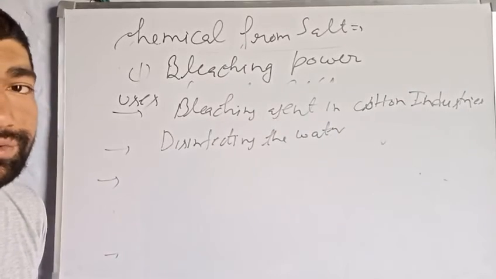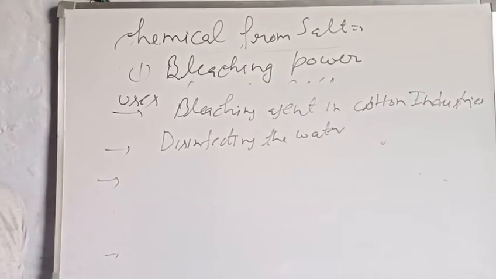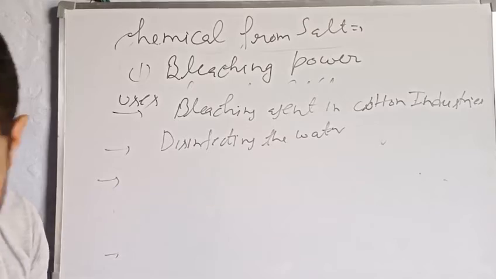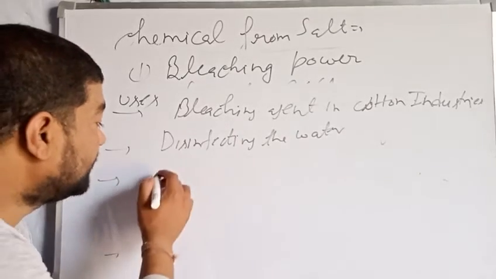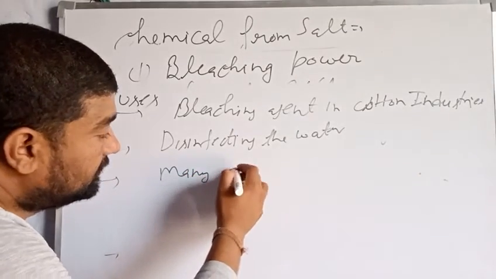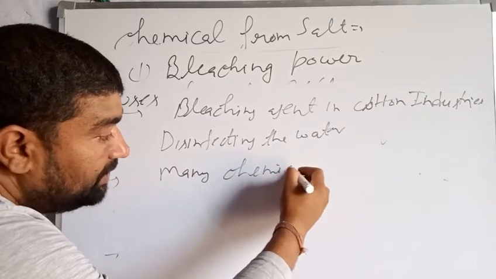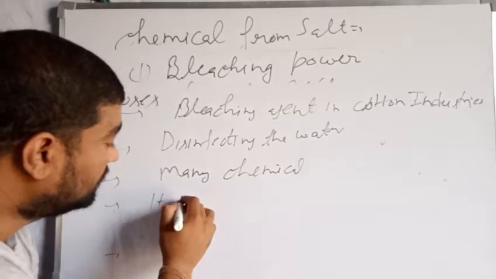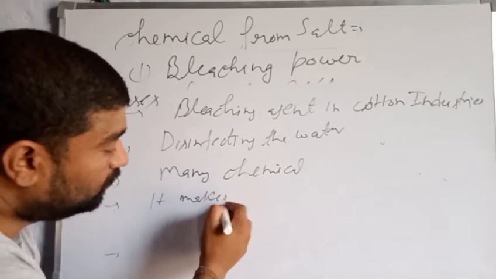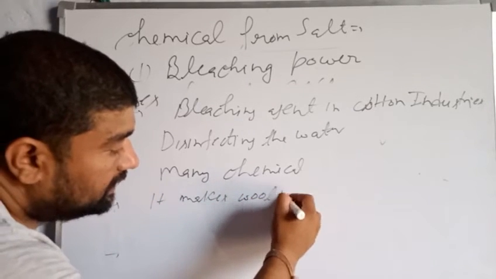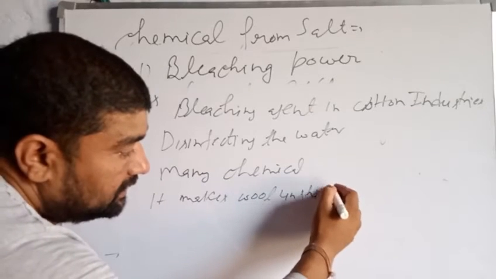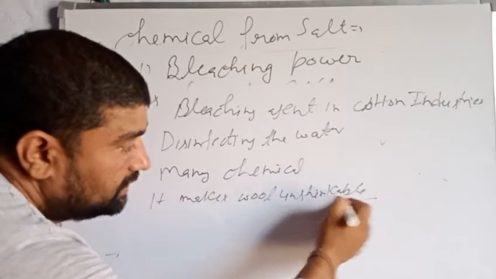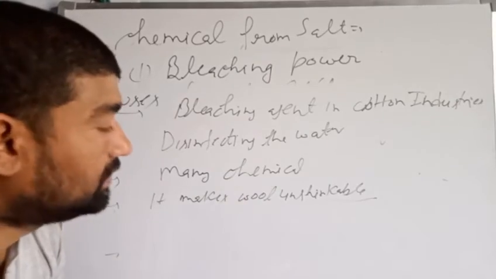It has many uses, so let's write the other uses. It can also be used in making many chemicals, so you can write that it helps in the chemical industry. It makes wool unshrinkable.